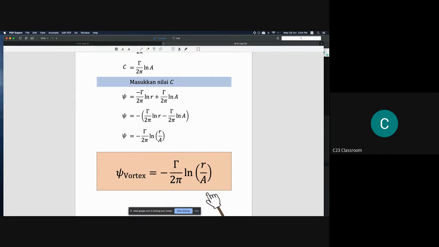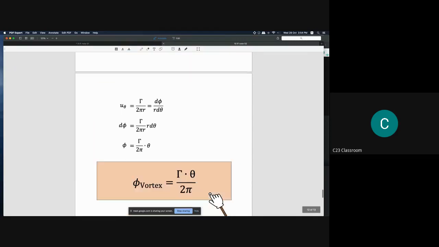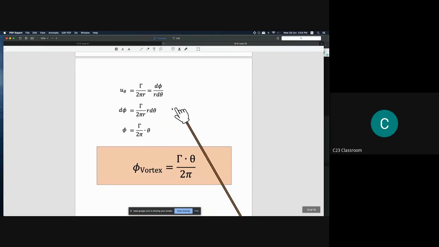So please, at least now, and then this is the phi. You could do this by yourself, I think. And then we have phi for the vortex. Normally people will focus on the derivation of psi.